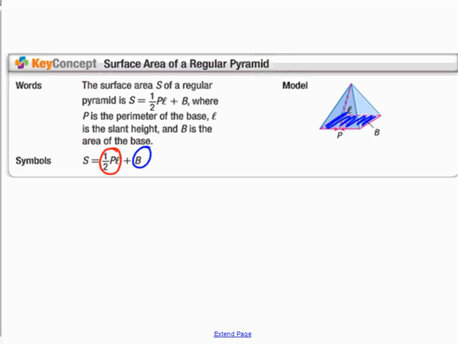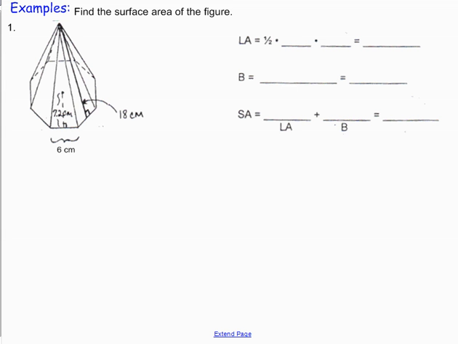So let's give it a shot. Find the surface area of the figure. Well, I see that we have a pyramid, so it's going to be 1/2 of the perimeter times the slant height. Well, the perimeter, I've got this shape right here.